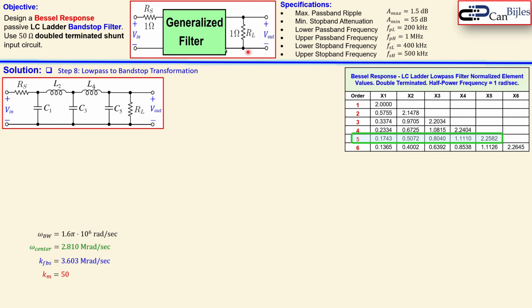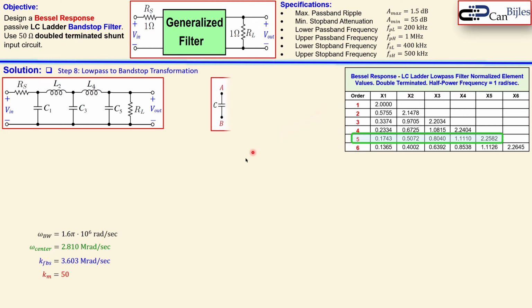And this x2 is actually related to that L2, which has a value of 0.5072 henries. And C3 will then have 0.8040 farads, etc. So then L4 will be 1.1110 henries, and then also the final one for C5, this value.